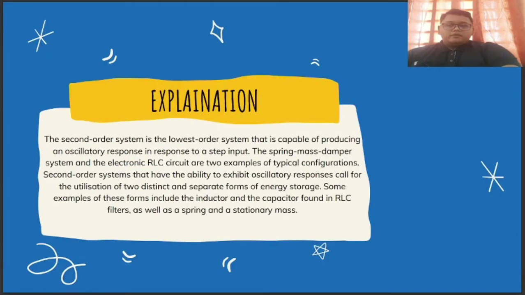For the room heater, we use a second order system. A second order system is the lowest system that is capable of producing an oscillatory response to a step input.